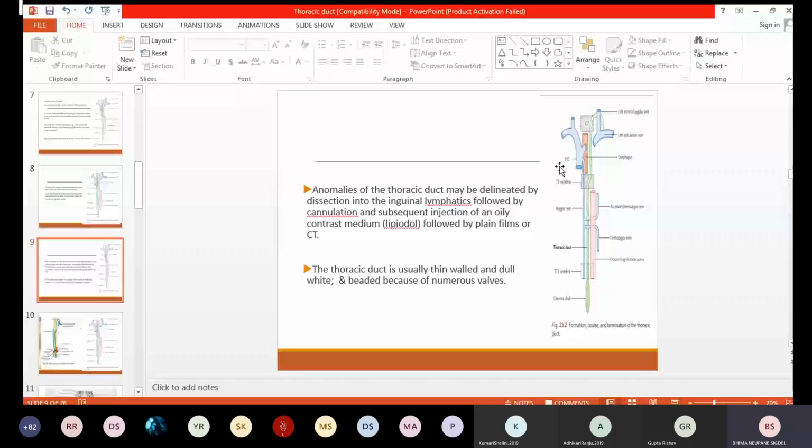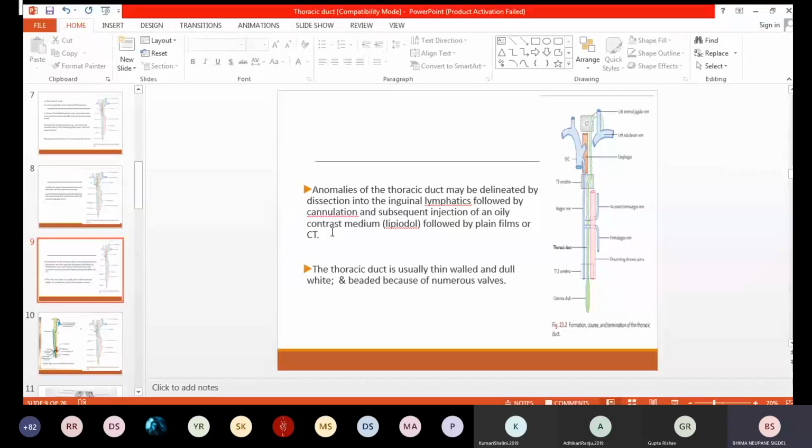If there is enlargement of the lymphatic channel, at that time you can suspect there might be some anomalies in the thoracic duct. Or else it can be done by injection of contrast medium. You inject the contrast medium, and after that you take the X-ray, either a plain X-ray, or it is good to see in the CT scan.